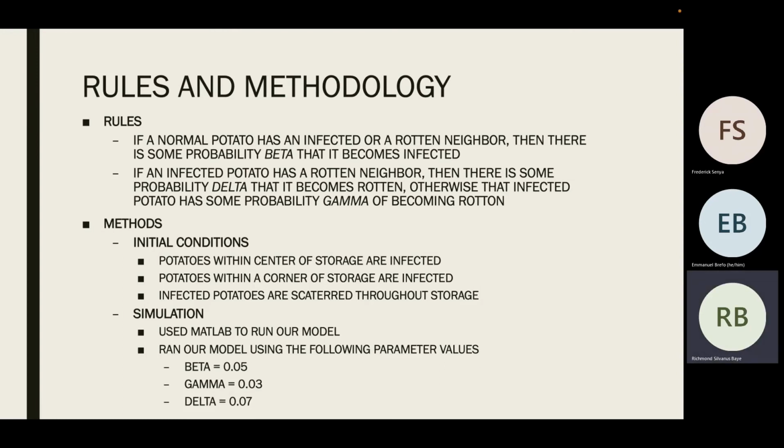And the last condition was some amount of infected potatoes scattered throughout the storage, or throughout the grid. We simulated this in MATLAB, and we considered the following parameters: a probability beta of 0.05, gamma of 0.03, and delta of 0.07.